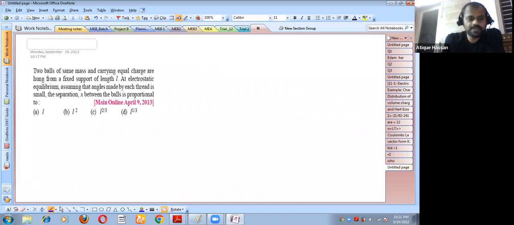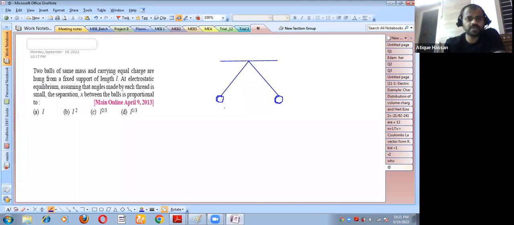So what will happen is that suppose we have a fixed support and two charges are suspended, and they have equal charge, obviously because of repulsion they will get apart, right?